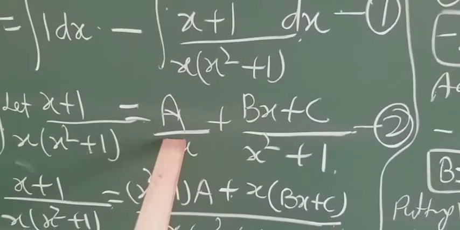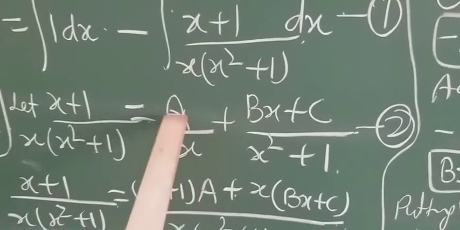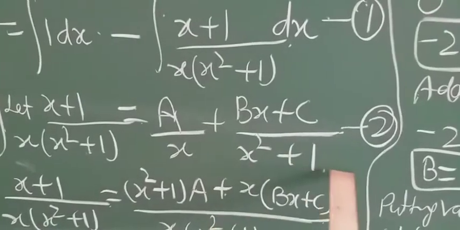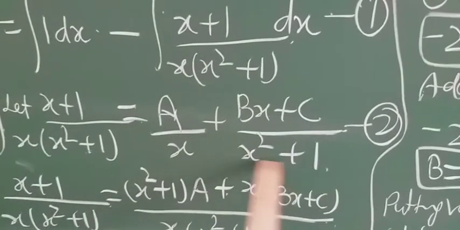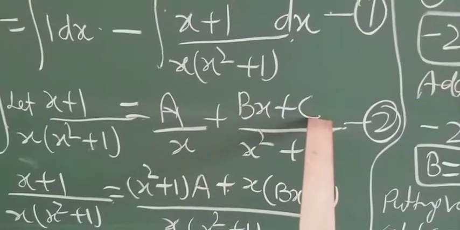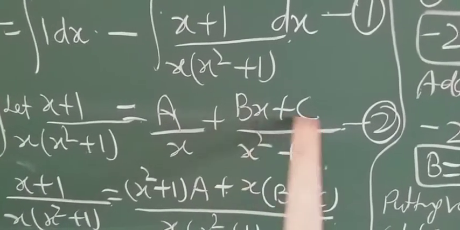Here the degree of the denominator is 1, so the degree of the numerator is 0, that's why I have taken A. Here the degree of the denominator is 2, so the degree of the numerator we take is 1. So we can take Bx plus C.